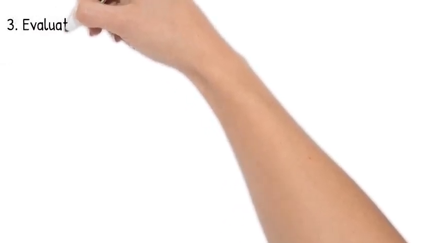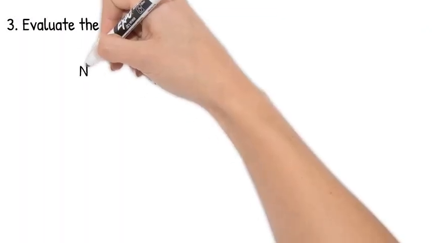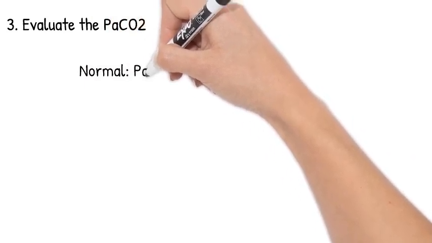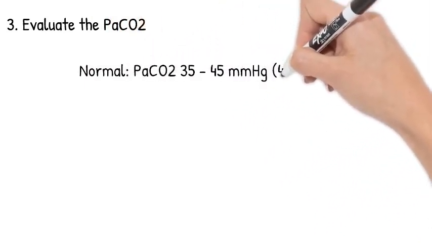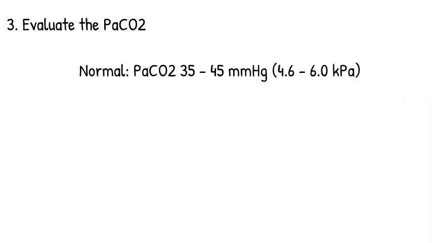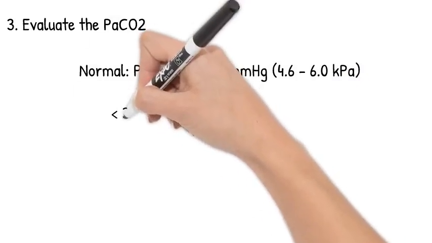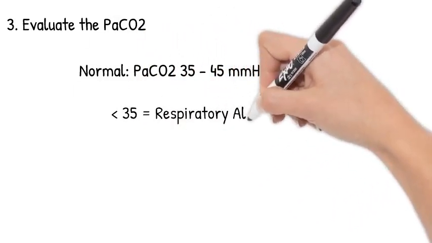The third step is evaluating the PaCO2. Right, now we know that the normal PaCO2 is between 35 and 45 millimeters mercury. Right. And we also know that if the PaCO2 is low, then we have a respiratory alkalosis. And if it's high, then we have a respiratory acidosis.